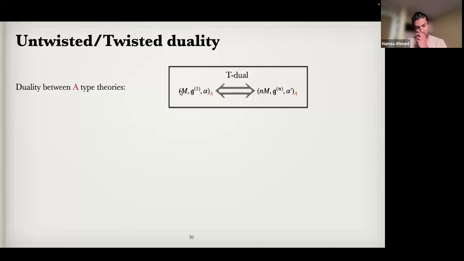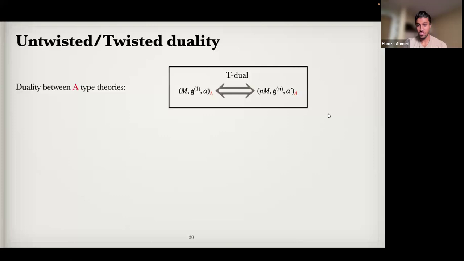Using what I showed you earlier in terms of the M data matching, we predicted that there should be a dual between two A-type theories here, where the M here is n times the M there, and the algebra itself is twisted by this automorphism of the algebra.